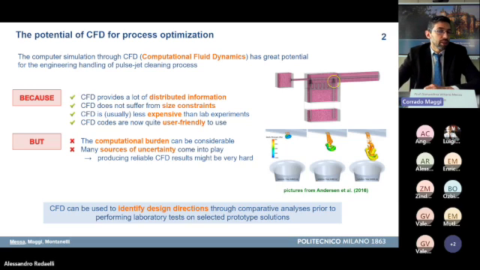But the computational cost could be even higher for other types of geometries. And most important, a solution of a CFD simulation is affected by several factors inducing uncertainty. So it is highly uncertain in nature due to the many approximations made. And therefore, producing reliable and confident CFD results is a very challenging task.